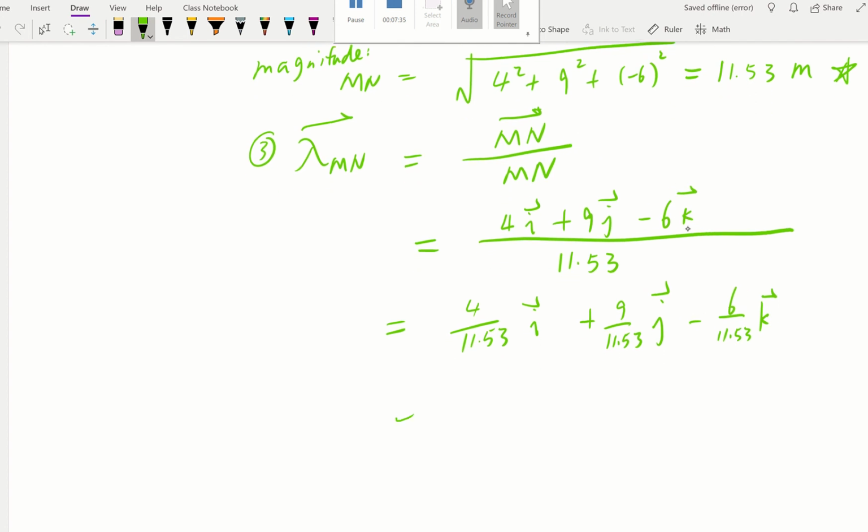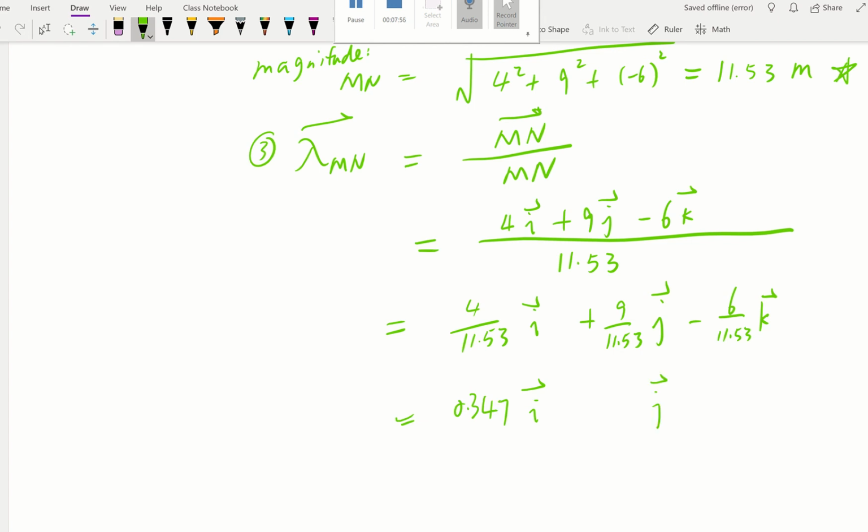Then we can find the i, j, k terms. Let me quickly put it into my calculator. For the i term we have 0.347.